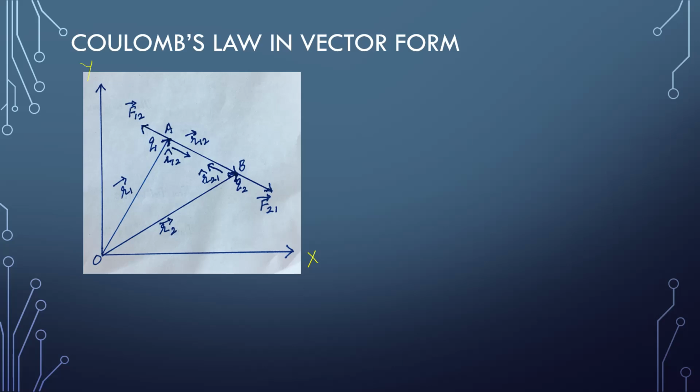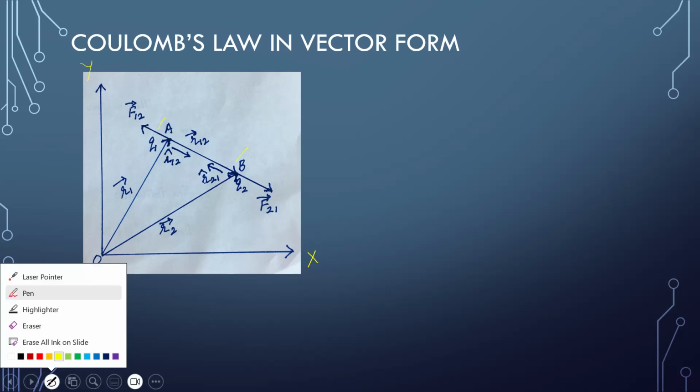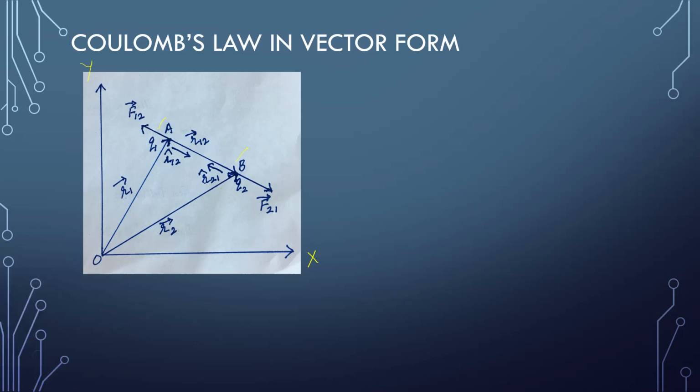The two charges Q1 and Q2 are at the positions A and B. Now the position vector of the charge Q1 is R1 vector, and the position vector of the charge Q2 is R2 vector.